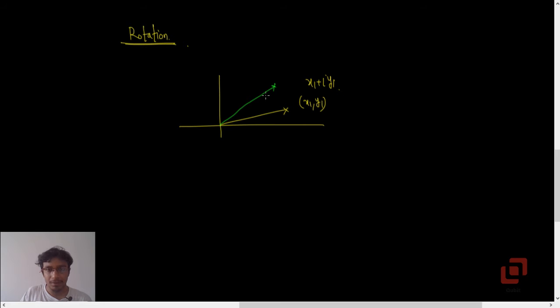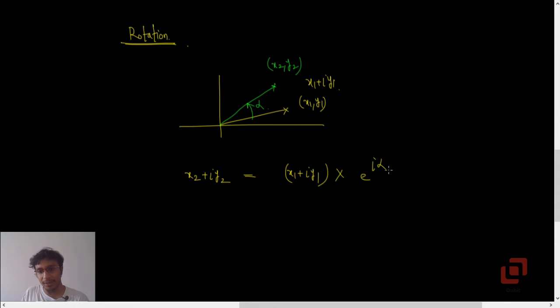Okay, so basically the moduli of these two complex numbers are equal because the distance of these points from the origin is same. The only difference is in the amplitudes, and if this angle is alpha, then the new complex number x2 plus i y2 is actually given by x1 plus i y1 times e to the power i alpha.